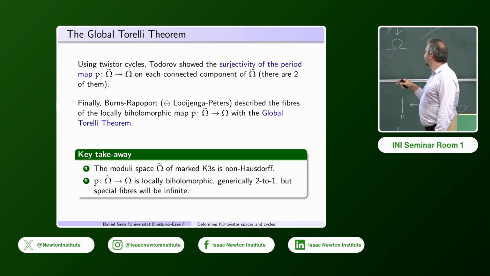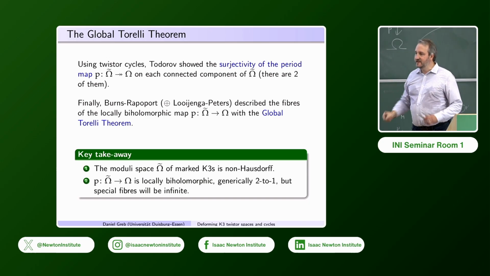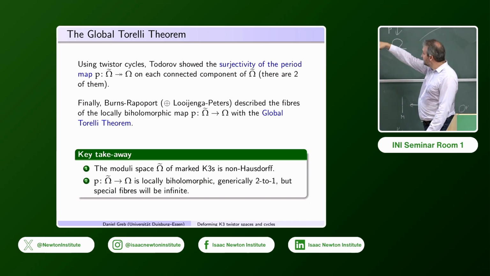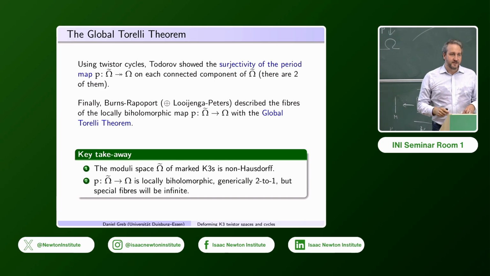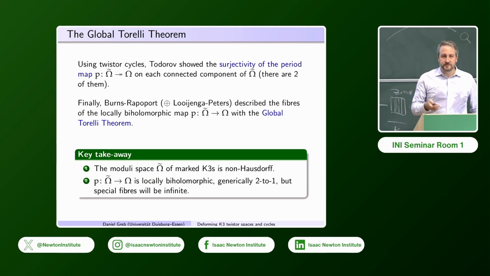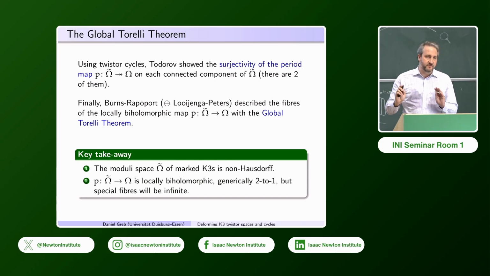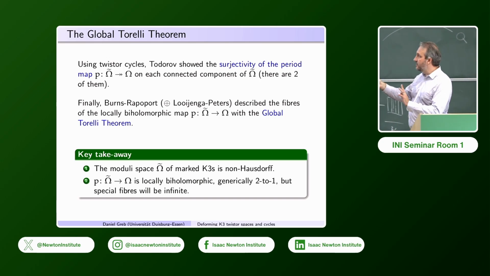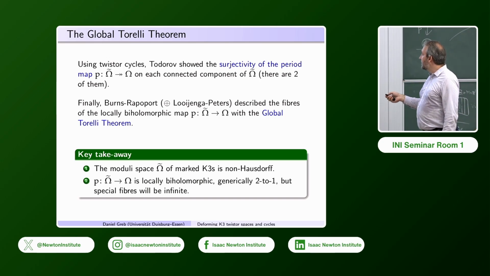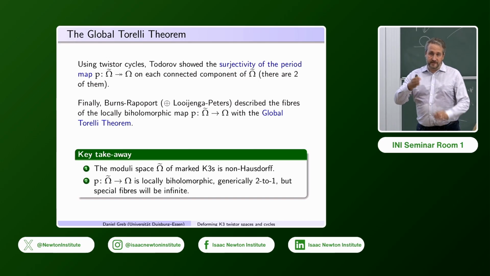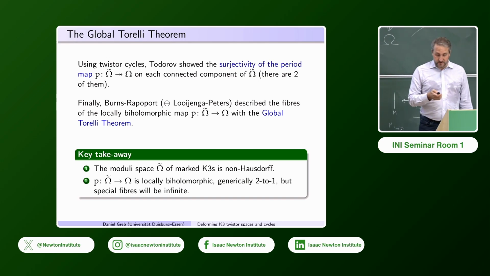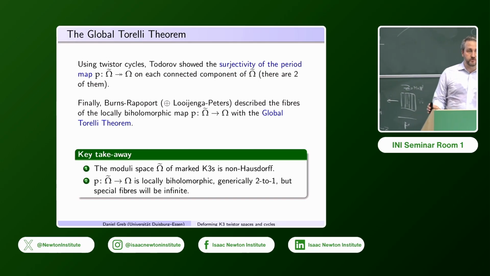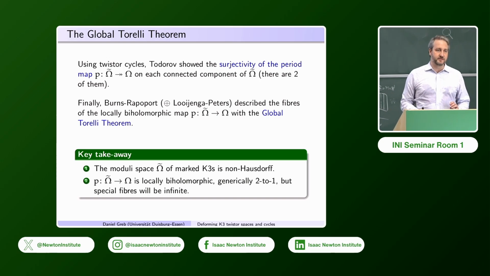But then on special fibers, they will be infinite. But still, each connected component is connected. This is just because it's non-Hausdorff, so that the usual intuition of a covering is somehow completely misleading. And there is a very specific way to understand the fibers in terms of the complex geometry of the K3 surface. I will not go into this. It's completely controlled, understood, but it's extremely complicated.